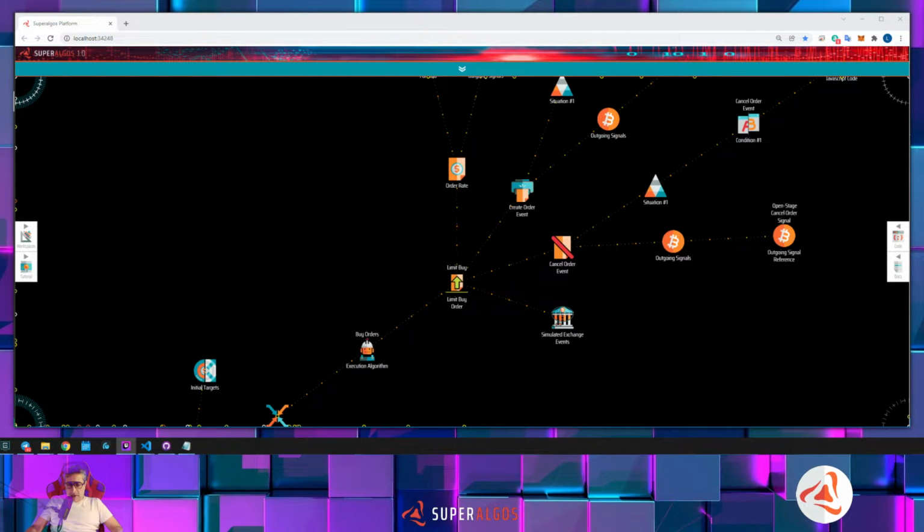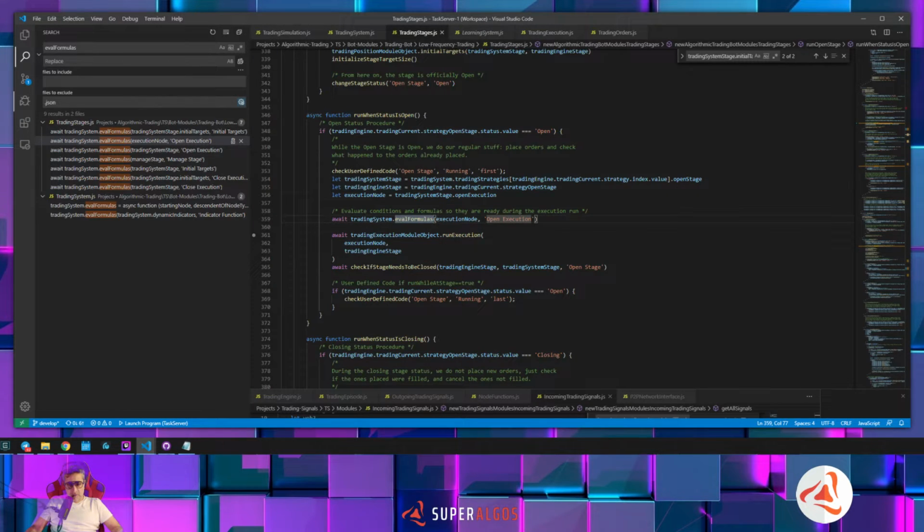So that is exactly what we don't want to do. So I'm going to remove from here this evaluation, and we are going to do it only at the place that we need it.